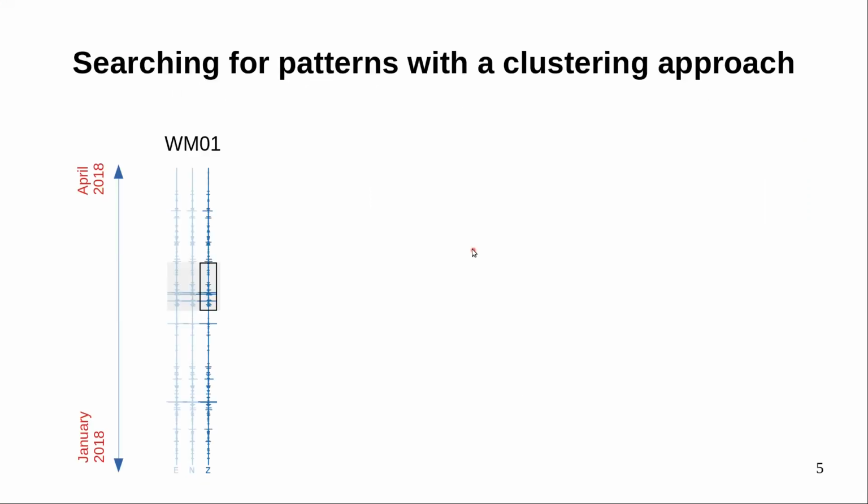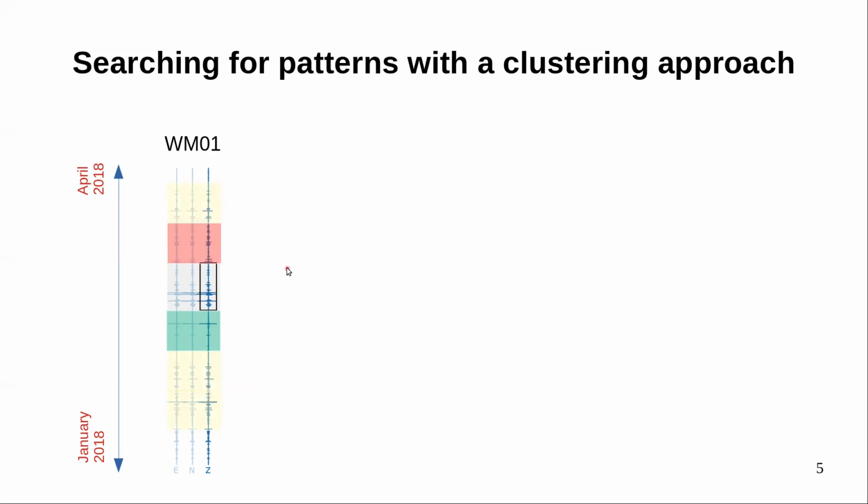So we want to look for patterns in the seismogram. One way to do that is to cluster windows of the seismogram. Clustering means we group seismic signals based on a certain similarity measurement. This would mean that we then could give labels to different parts in the seismogram.